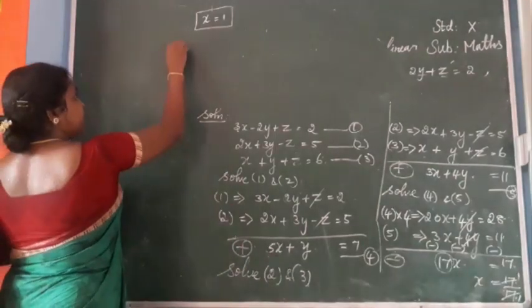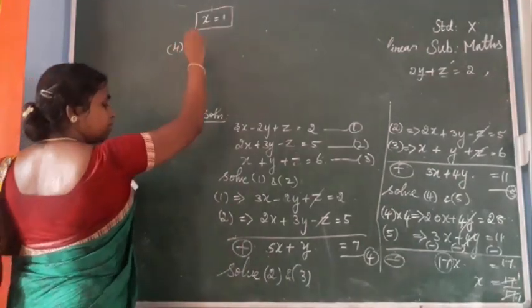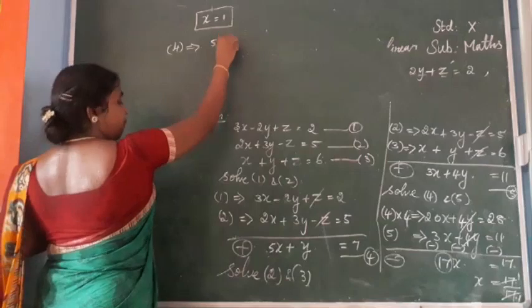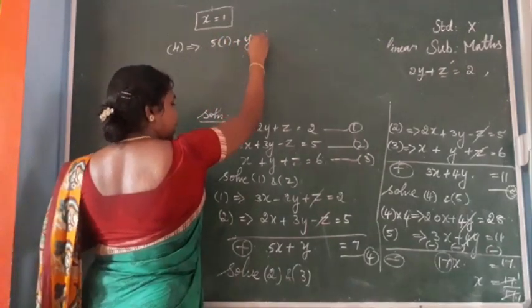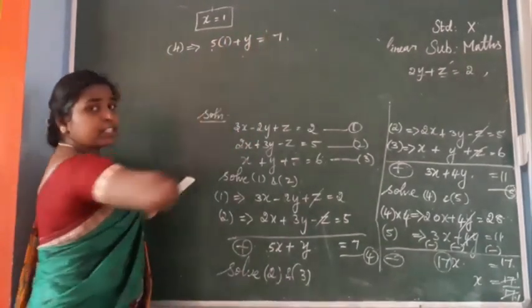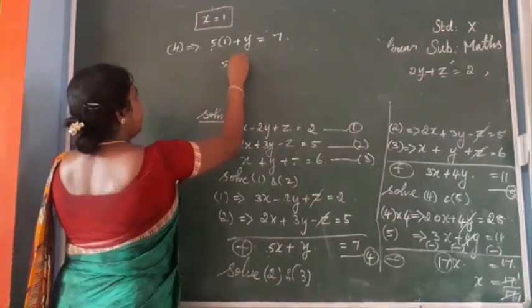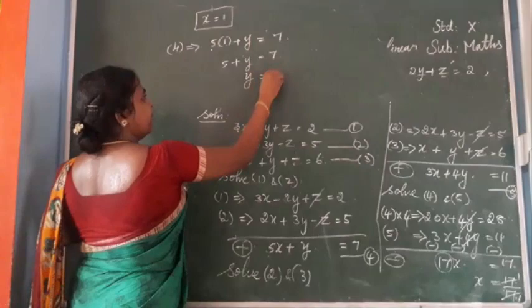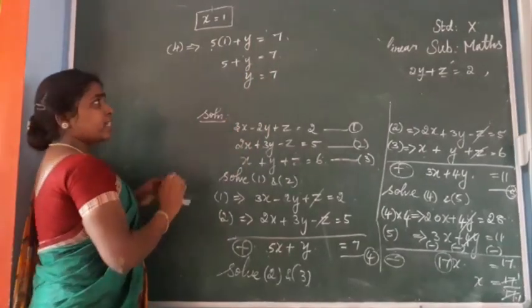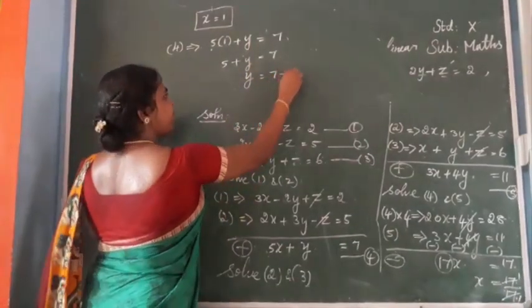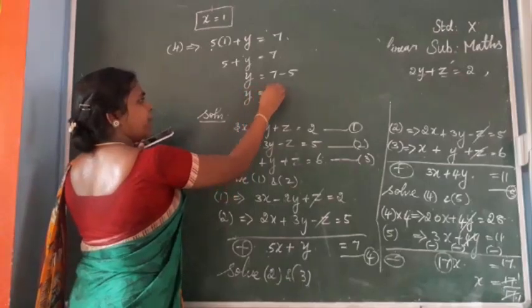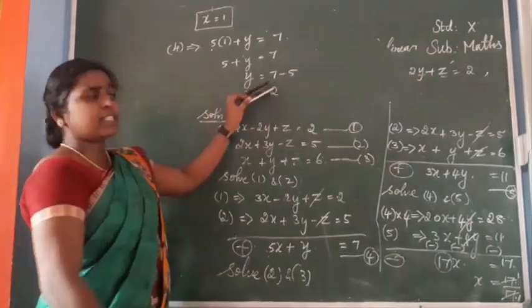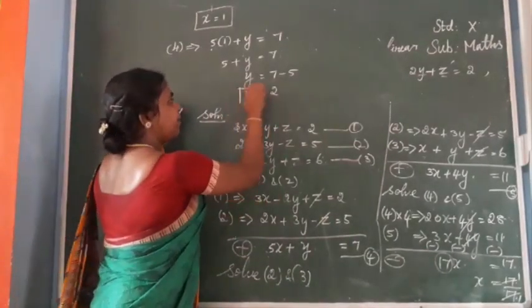So 5 into 1 plus y equal to 7. 5 into 1 is 5, so 5 plus y equal to 7. Take the 5 to the right hand side, it becomes negative, so y equal to 7 minus 5, which is 2. We got the y value also.